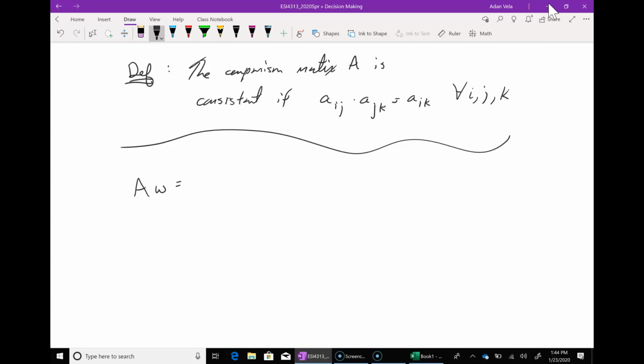For now, we're going to assume that we don't have any values for W. We're just going to fill it in with variables, but we do have the values for A. I'm just going to do this for a 3x3, but it scales up to any size.